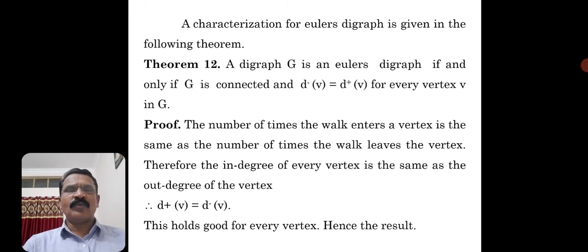So now we try to prove the result. The number of times the walk enters a vertex is the same as the number of times the walk leaves the vertex. If you observe the previous diagram where we have given the example, there you can see the number of times the walk enters into a vertex, it will go out of that vertex again, which is the same as the number of times the walk leaves the vertex.